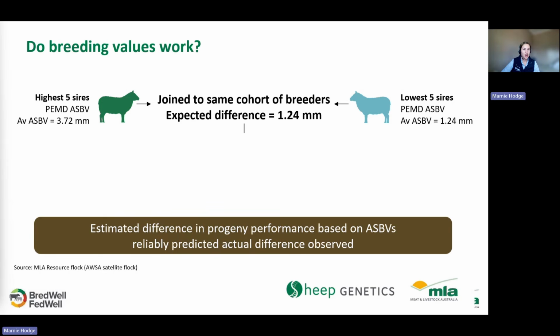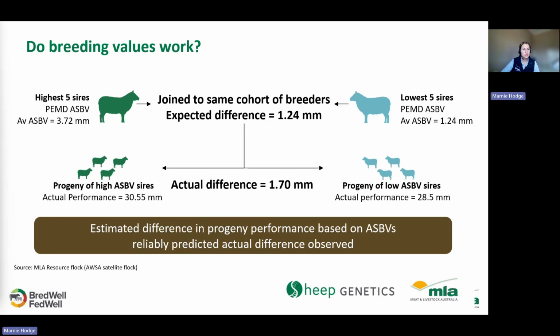The average of the 5 highest PEMD breeding value sires was 3.72 millimeters, and the average of the 5 lowest was 1.24 millimeters. So that gave an expected difference of 2.48 millimeters between the 5 highest and the 5 lowest sires based on breeding values alone. They then took progeny performance information.